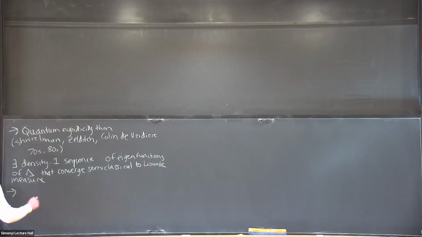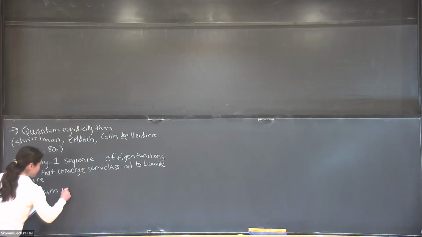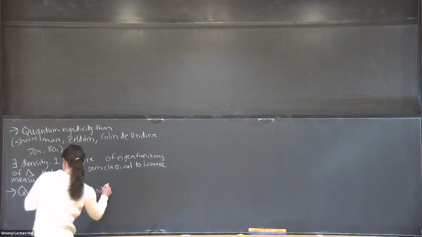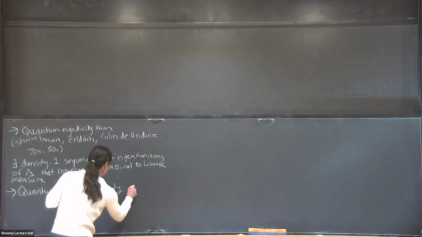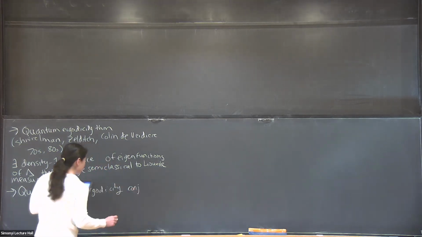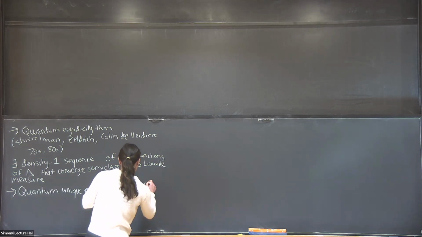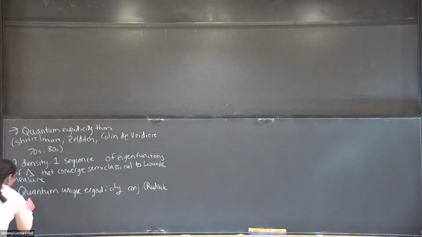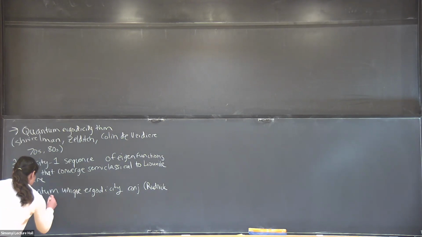Then the other major thing that I want to talk about is known as the quantum unique ergodicity conjecture. And this is due to Rudnick and Sarnak in 1994.